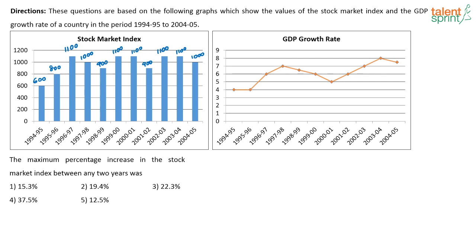Before I go about solving the question, could you guys tell me what is GDP? GDP is the gross domestic product. Generally, what does per capita GDP mean? Per capita GDP means the total GDP of the country divided by the number of people in the country. So basically it is a measure of the country's economic output.